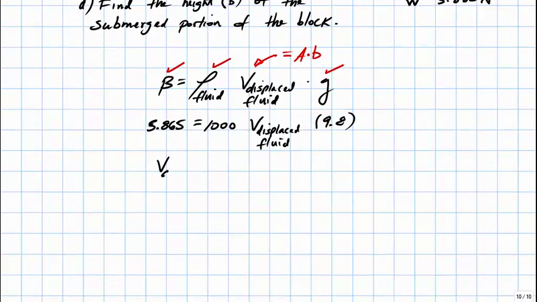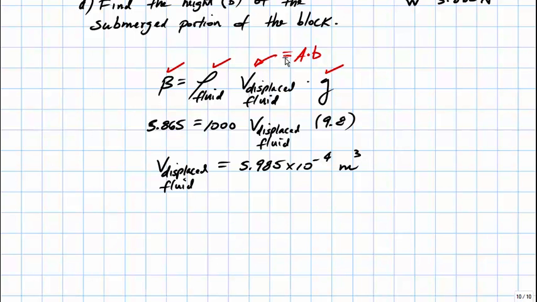If we solve for the volume of the displaced fluid, we obtain 5.985 times 10 to the minus fourth cubic meters. We already established that the volume of the displaced fluid just equals the area times the height of the submerged portion of the column.